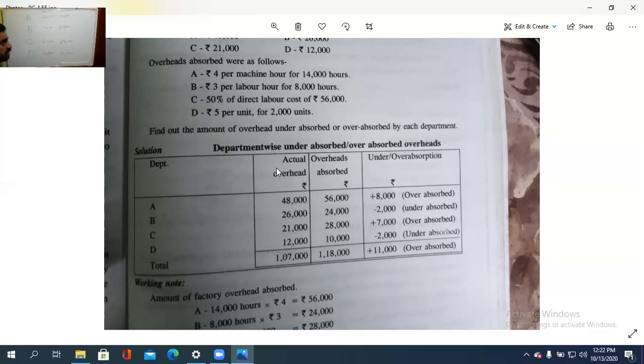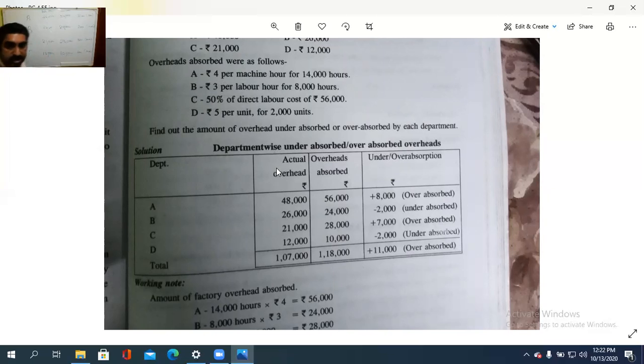Then whether it is absorbed under or over, we need to check. 48,000 is the actual, here 56,000, so it is over absorbed by 8,000. Then 26,000 and 24,000, so 2,000 under absorbed. 21,000 and 28,000, so 7,000 over absorbed. And 12,000 and 10,000, so 2,000 under absorbed.